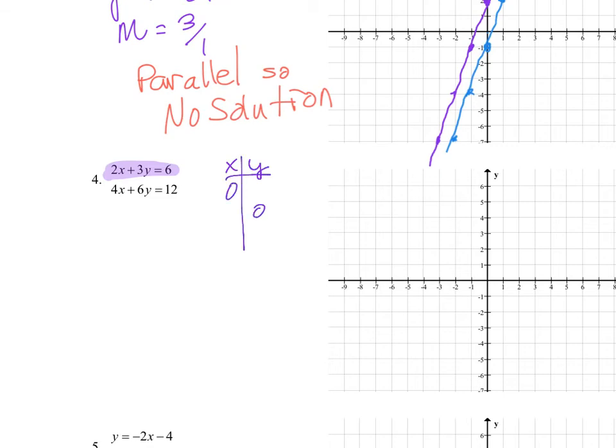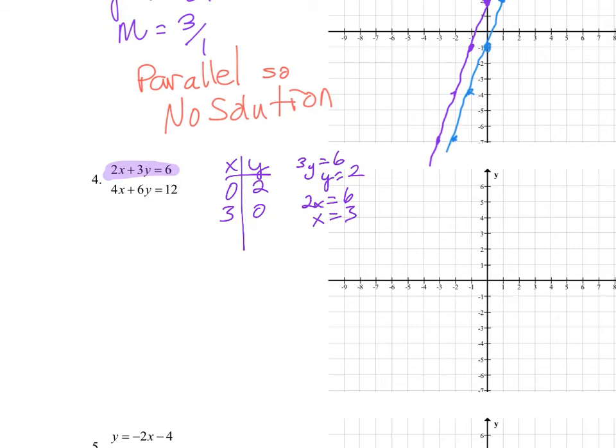X is 0, Y is 0. When X is 0, I get 3y equals 6, which gives me 6 divided by 3 is 2. When y is 0, we get 2x equals 6, divided by 2, x is 3.